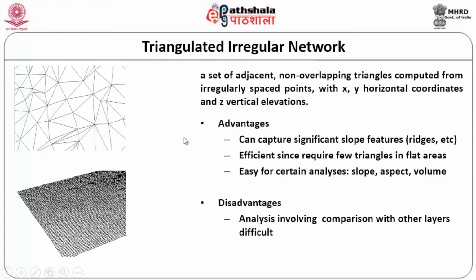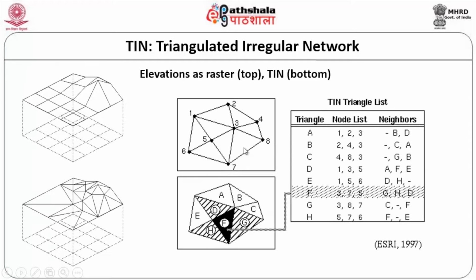As I already told you, for kinds of analysis like slope, aspect and volume, we use this. But the only disadvantage is you cannot analyze or use this and compare with other layers, it becomes very difficult. But you can overlay that. TIN can be overlaid on other features like this, but it cannot be used for analysis.